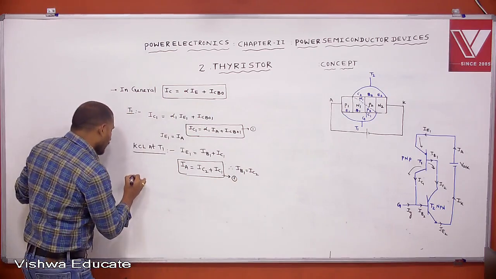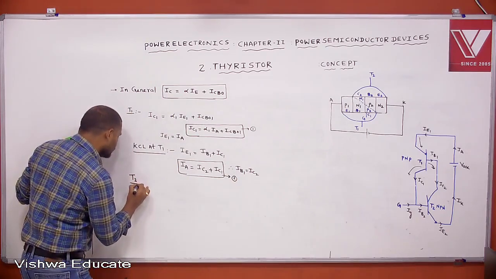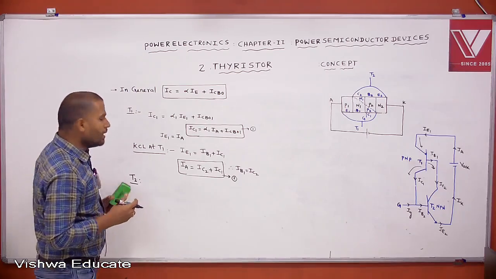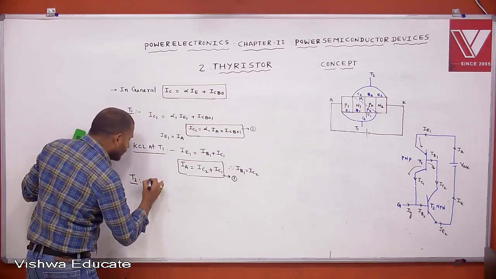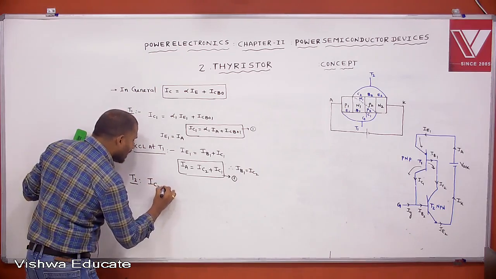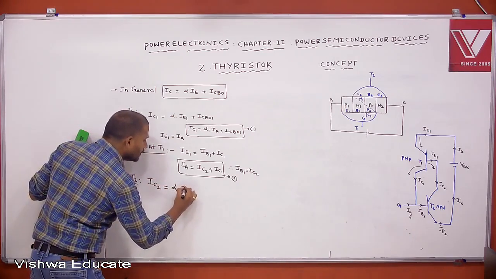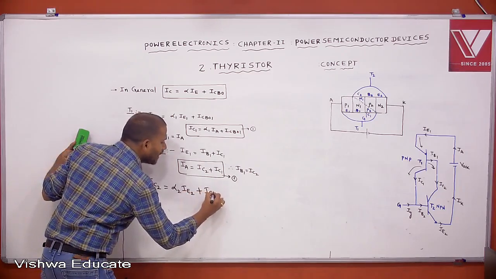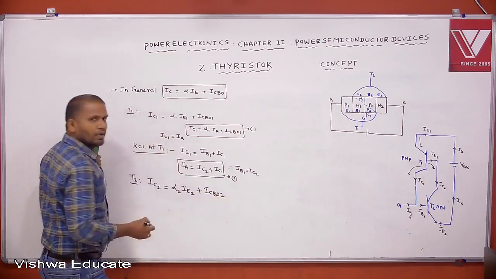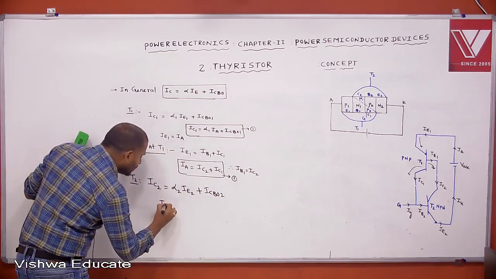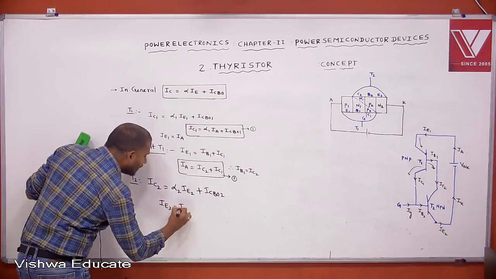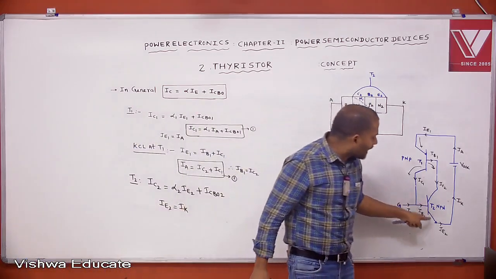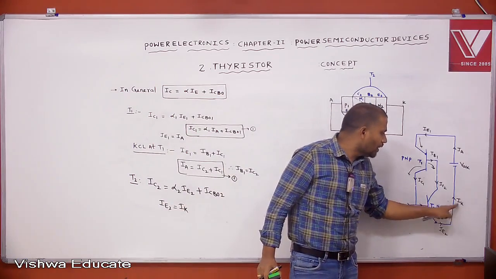Now I am writing the equation for T2 transistor. For T2 transistor, you write the generalized equation IC2 equals alpha 2 IE2 plus ICB02. But what is IE2 equal to? IK. IE2 equals IK. The emitter current of T2 transistor is equal to the cathode current.